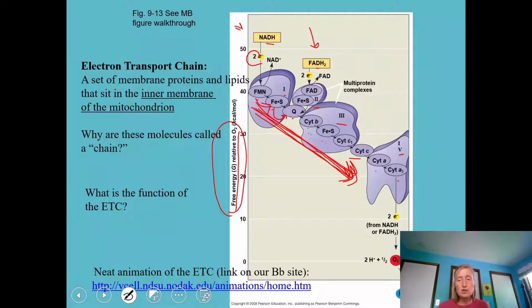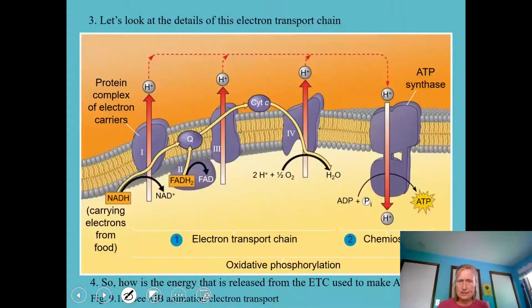Okay. I want to show you one more picture here so that we have an idea of where these electrons are sitting. Okay, so this is a picture from your textbook. What we're looking at here is the inner membrane of a mitochondrion. Okay, that's the membrane that's always curvy or convoluted, right? With folds called cristae.